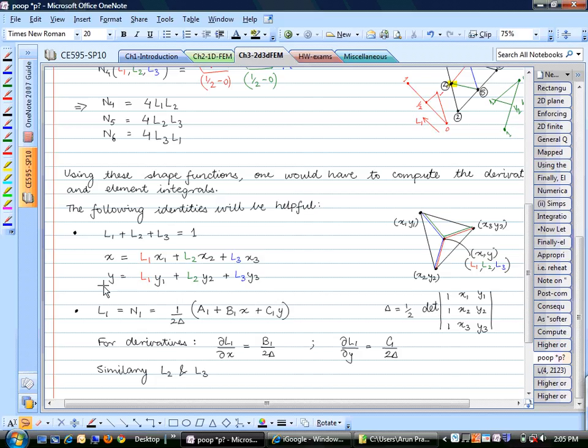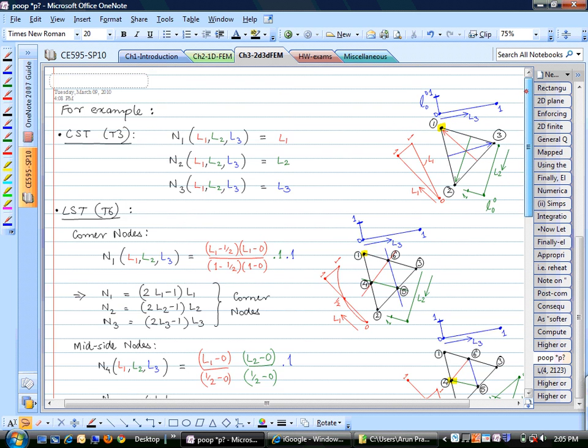There are these two relationships that are nothing but the isoparametric map, meaning any point in this actual triangle x, y can be mapped to the L1, L2, L3 coordinates using an isoparametric map. And if you replace this L1 with N1, that's the shape function for this. N1 is equal to L1.